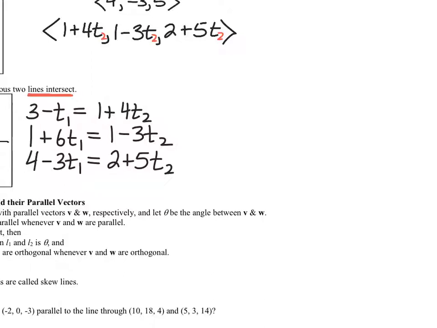So what I'm going to do is get it in standard form. So variables on the left and constants on the right. All right, so I'm going to bring the negative 4t2 over to the left. So I'll have negative t1 minus 4t2 equals negative 2, because I'm just going to subtract the 3.